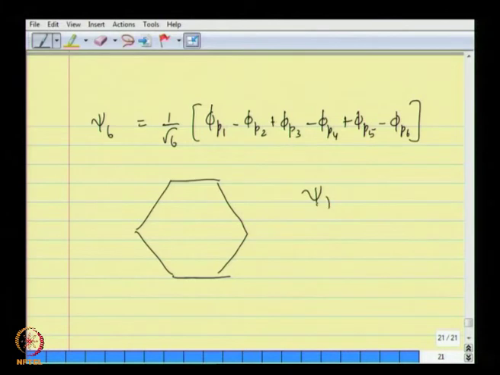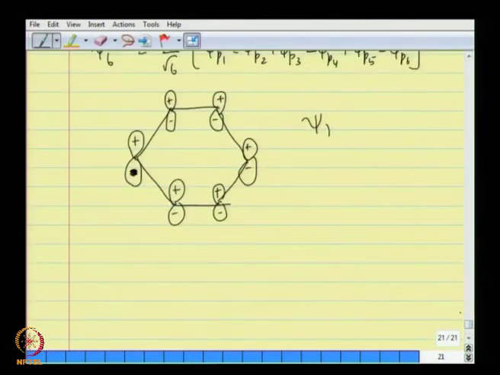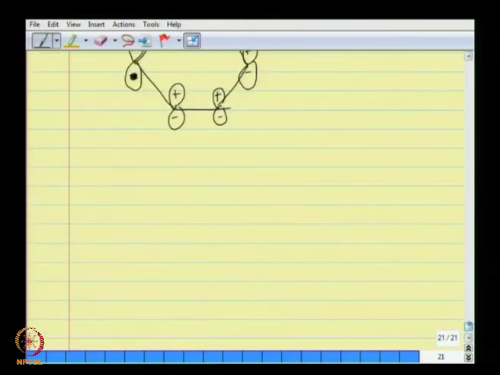psi 1 essentially means all the orbitals are in the same phase, plus minus, plus minus. No nodal plane; the electron wave function is such that it does not go through any zeros between the p orbitals.